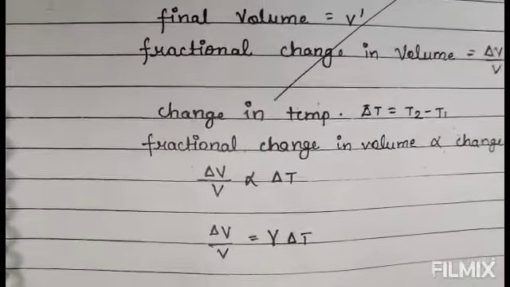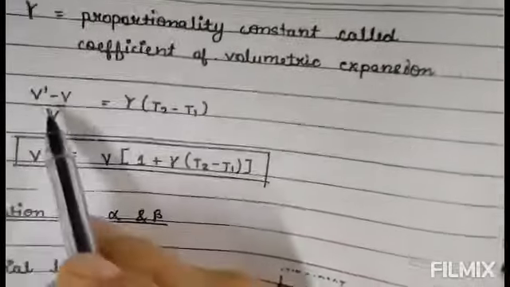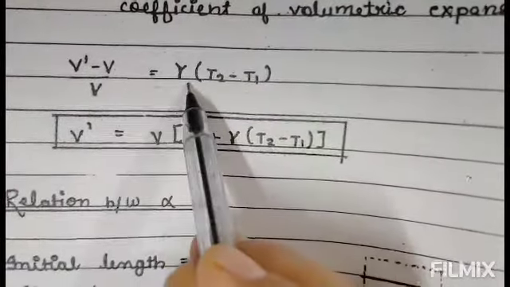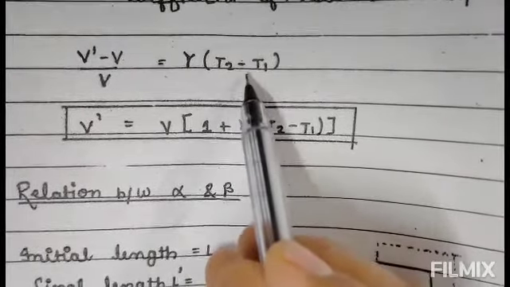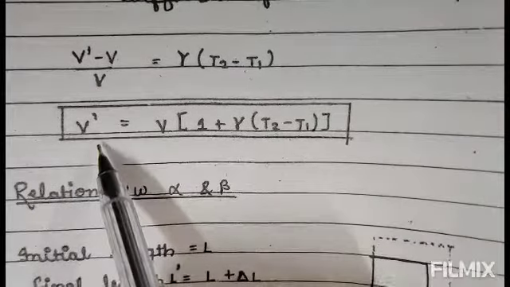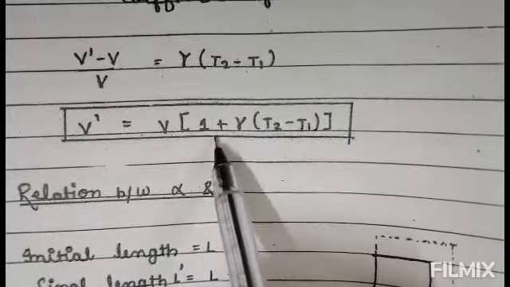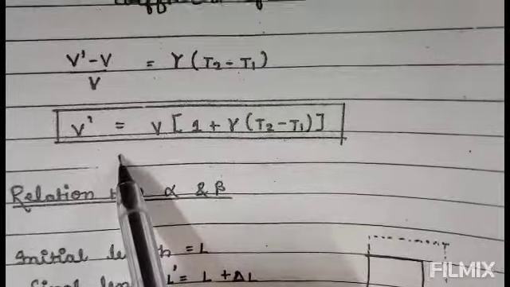So now the formula becomes del V upon V is equal to gamma del T. We'll put the value of del V, that is V dash minus V upon V, equal to gamma del T. In place of del T we will write T2 minus T1. Now we'll simplify this formula. So we'll get V dash is equal to V in bracket 1 plus gamma T2 minus T1. So this is for the volume.